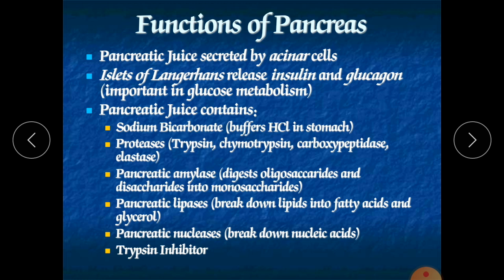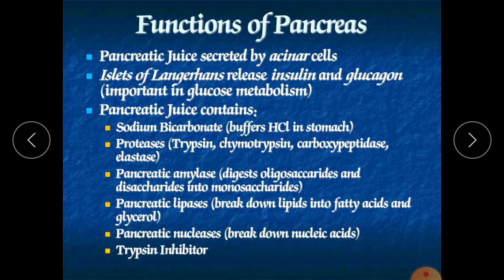Now, functions of the pancreas. Pancreatic juice is secreted by the acinar cells. Almost 1200 to 1500 ml, almost 1.5 liters, of pancreatic juice is secreted daily into the duodenum.